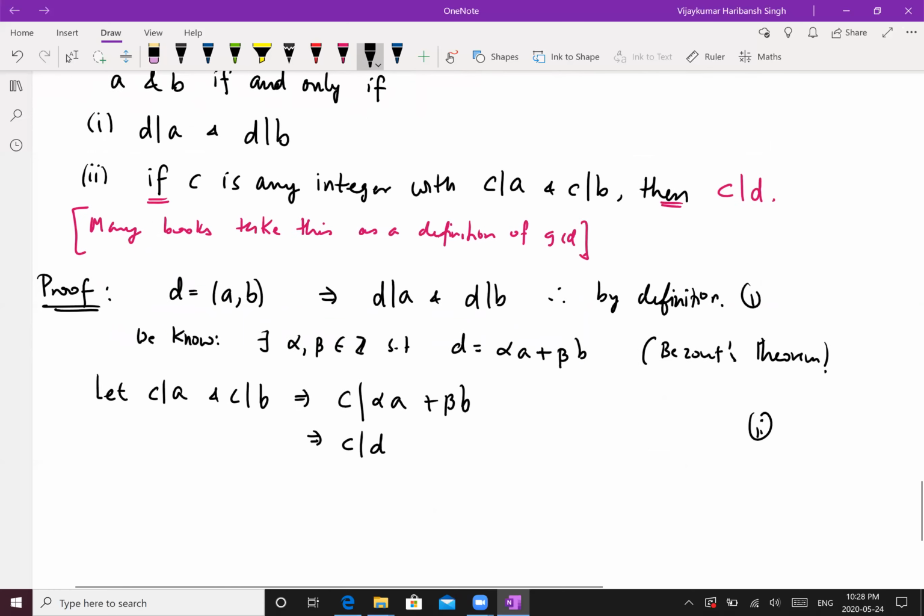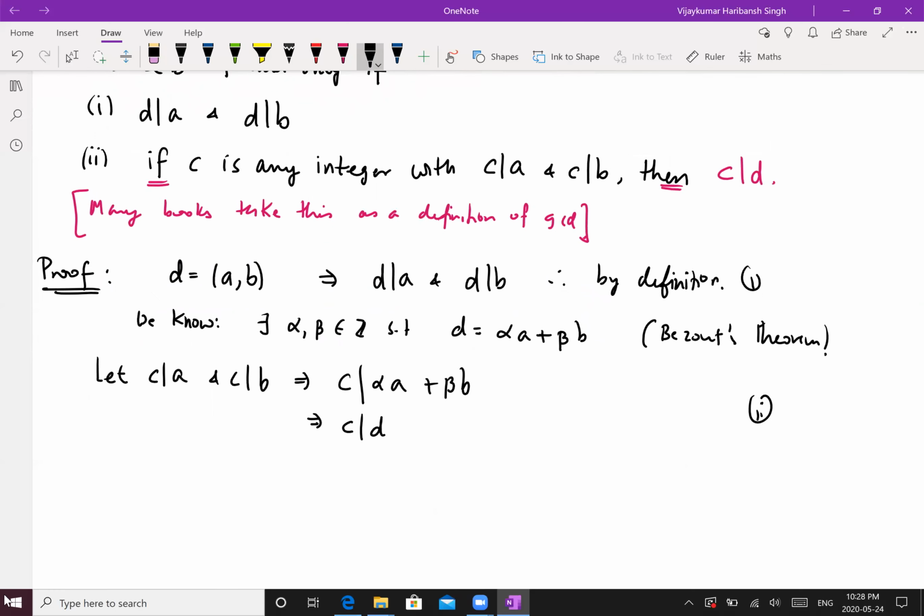Now we want to prove the converse, the other way around. Let 1 and 2 hold.